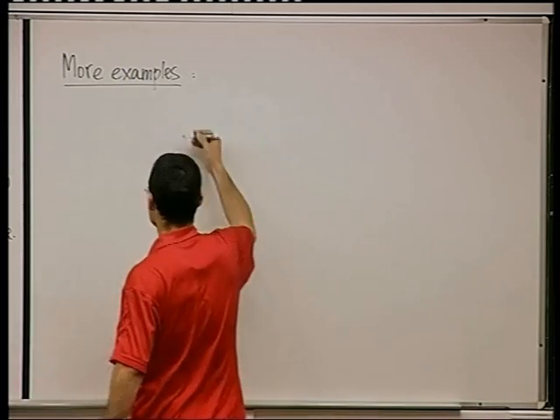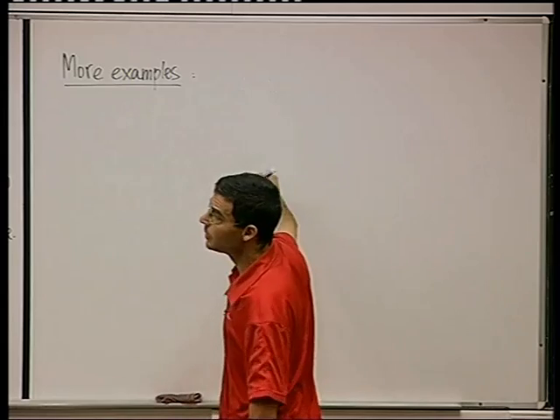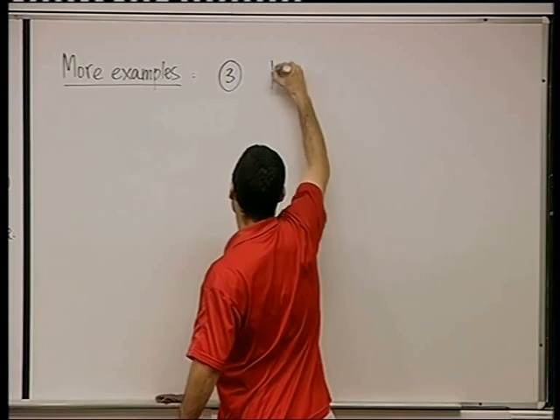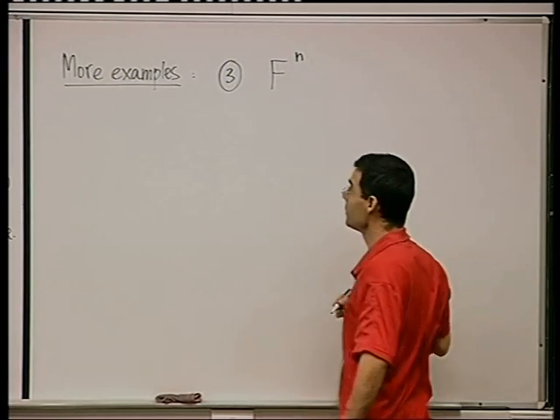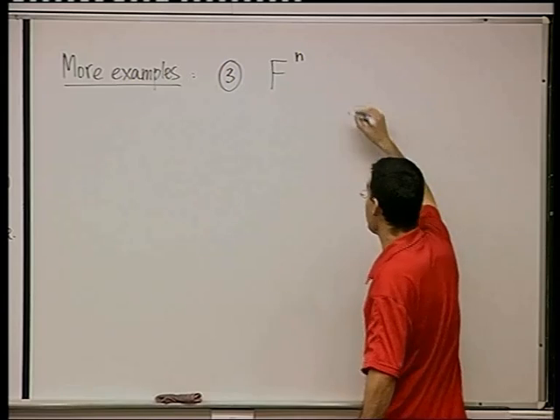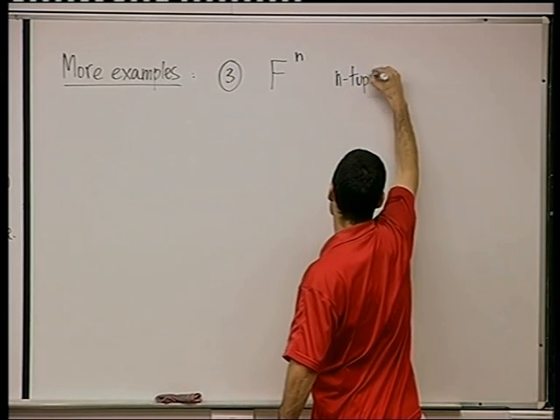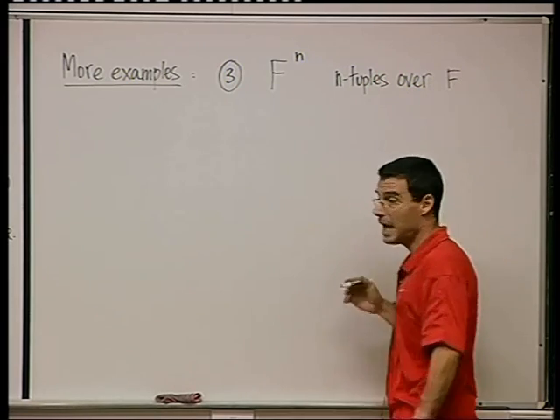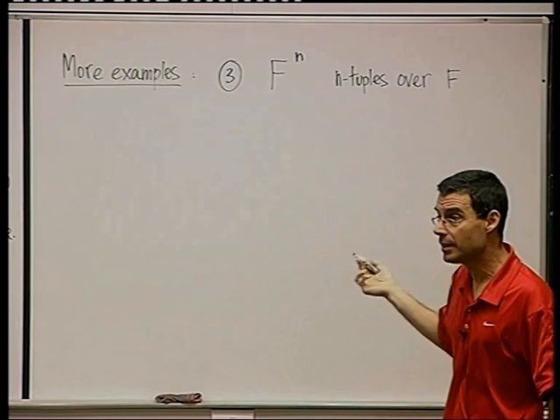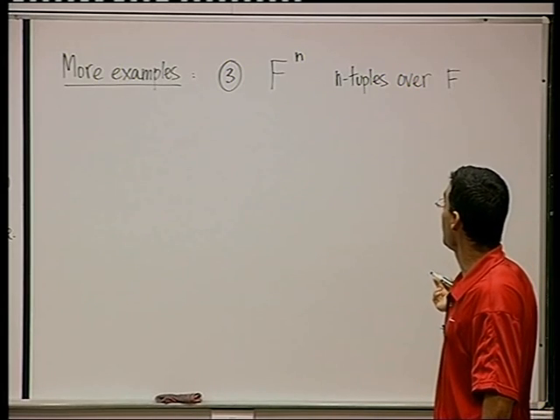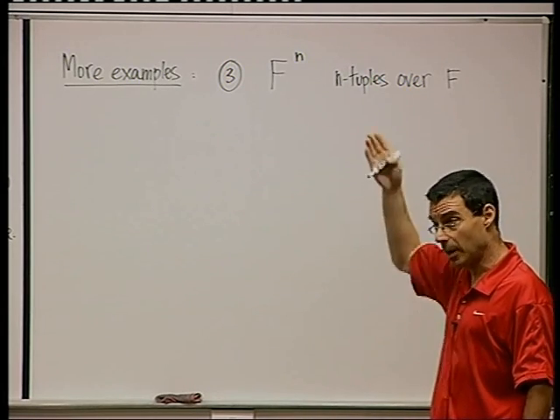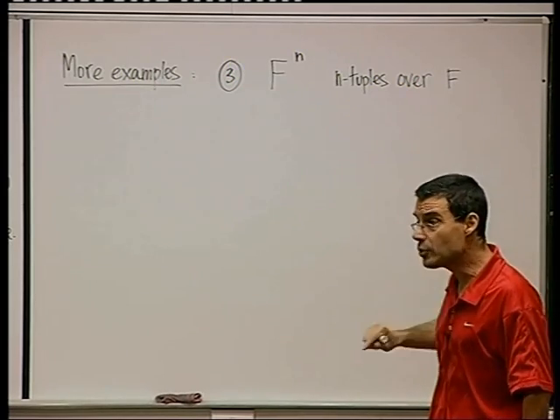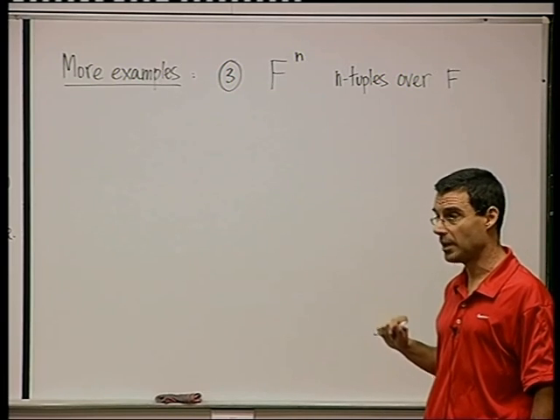So here's another example. We had 2 of them, so let's continue the enumeration. Example number 3, often denoted F to the n. These are just n-tuples over F. So we had R to the n, but you could have, for example, C to the n. N-tuples, column vectors, where all the entries are complex numbers, a plus ib.